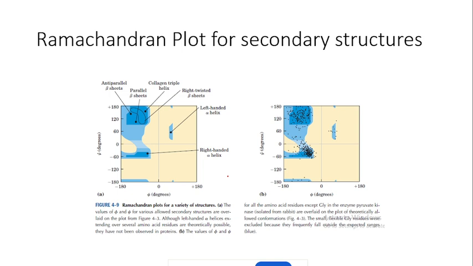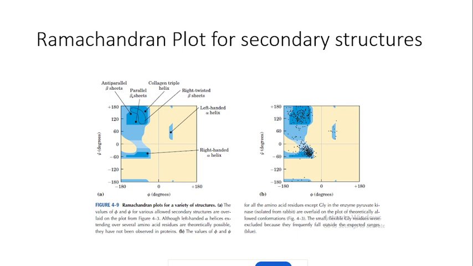So this is the Ramachandran plot for secondary structures. As you can see, in this region anti-parallel beta sheets fall, this region parallel beta sheets fall, right? Right-handed alpha helix fall in this region, left-handed alpha helix fall in this region, right?